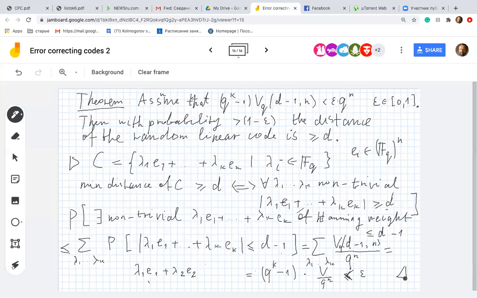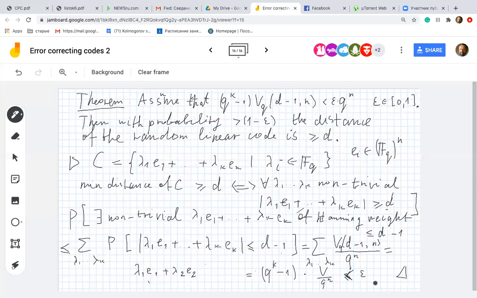Okay, good. So the first way to construct a code is just to choose the basis in the set of code words at random. With high probability we obtain a code with good parameters. Once we have chosen e_1 to e_k, we obtain an efficient procedure to encode, because each message is just encoded.